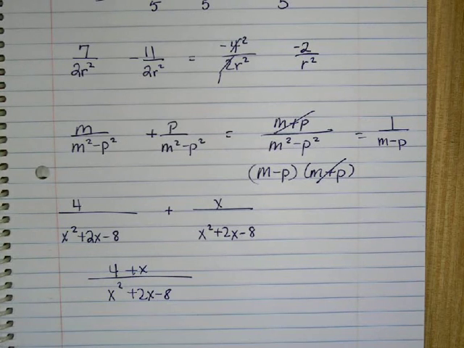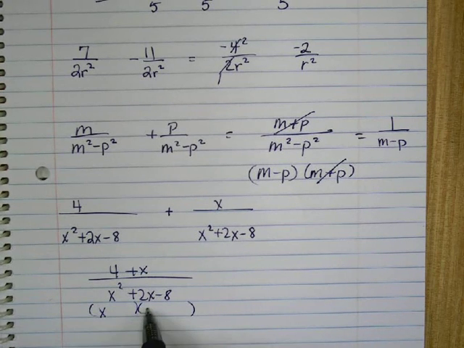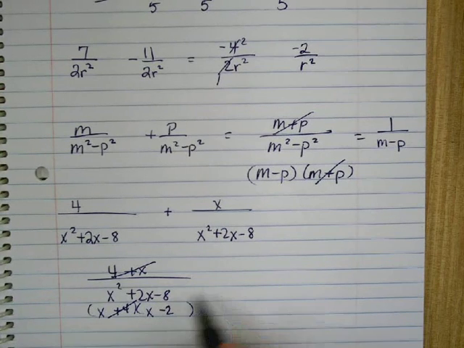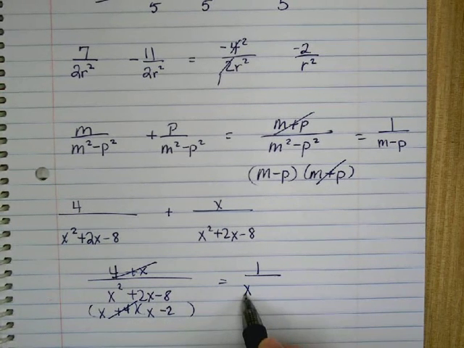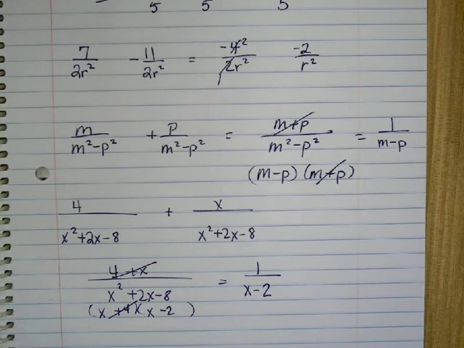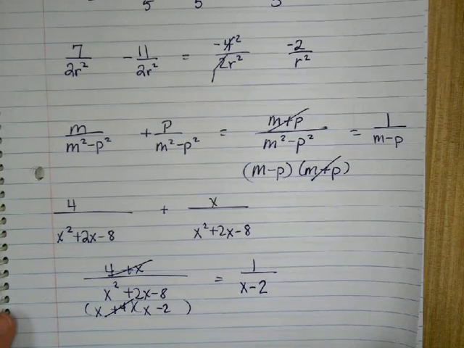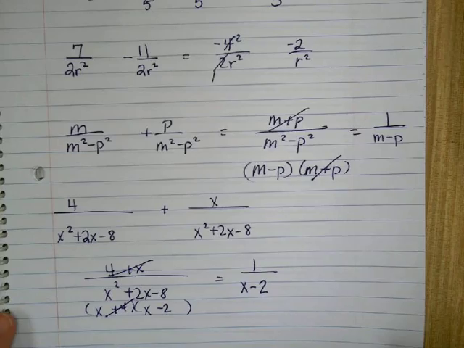Factor the denominator. x plus 4, x minus 2. And these will cancel. 1 over x minus 2. Any questions on those that have common denominators? Okay. Example 2.